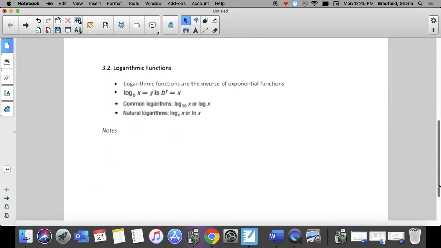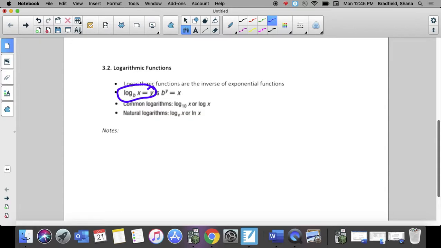Then we looked at the inverse of the exponential function, which is your logarithm. And your logarithm takes this form, which is just the inverse of b to the y equals x. And so we talked a little bit about going from exponential form to logarithmic form, where we switch the x and y and add the log, or switch the x and y and drop the log, depending on which direction you want to go.